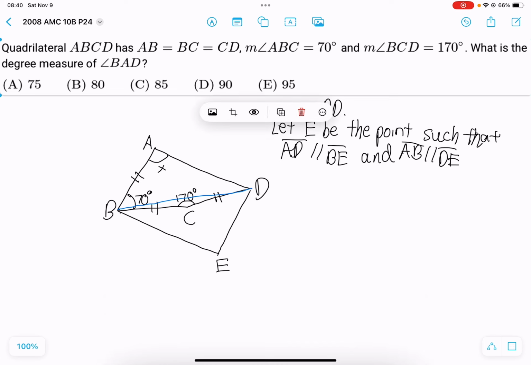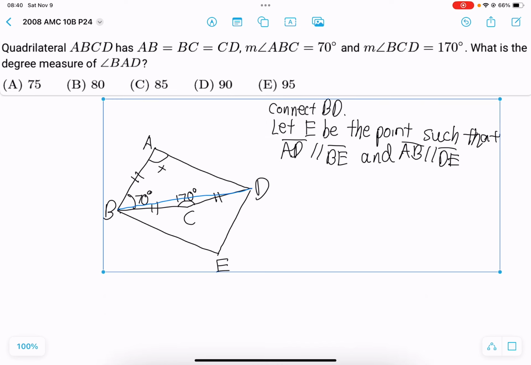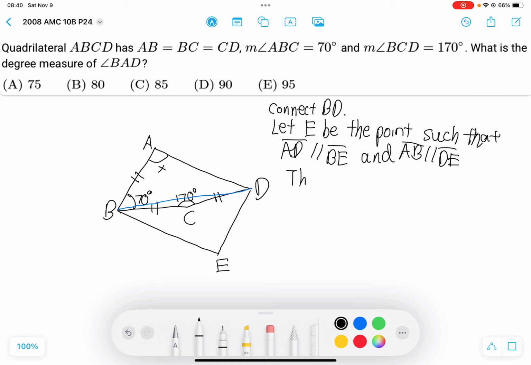So thus ABED is a parallelogram because there's two sets of parallel sides, and that's the definition for a parallelogram.